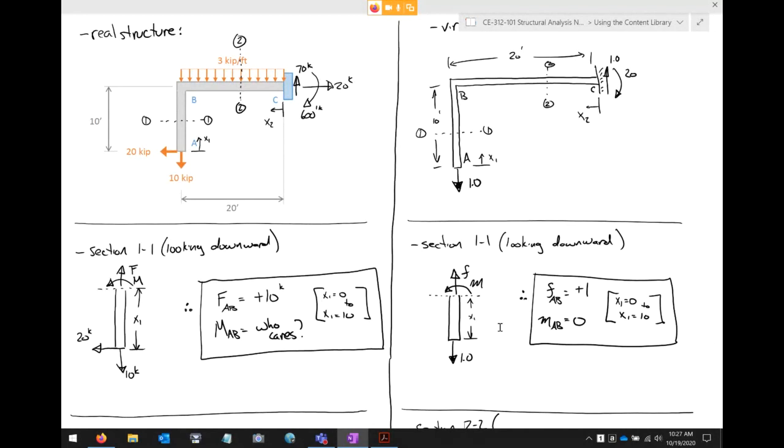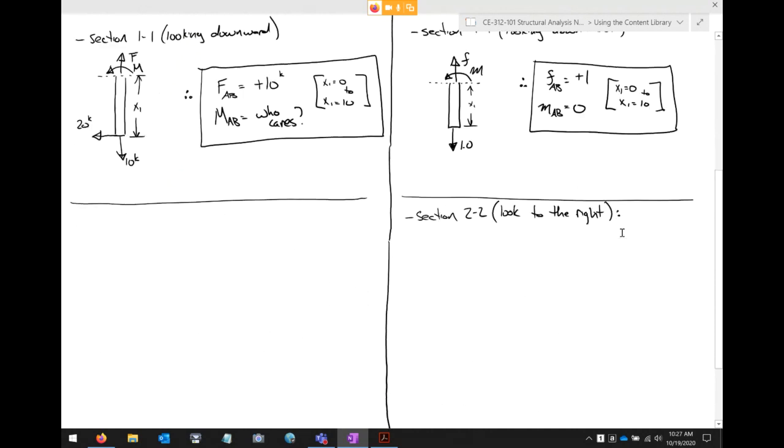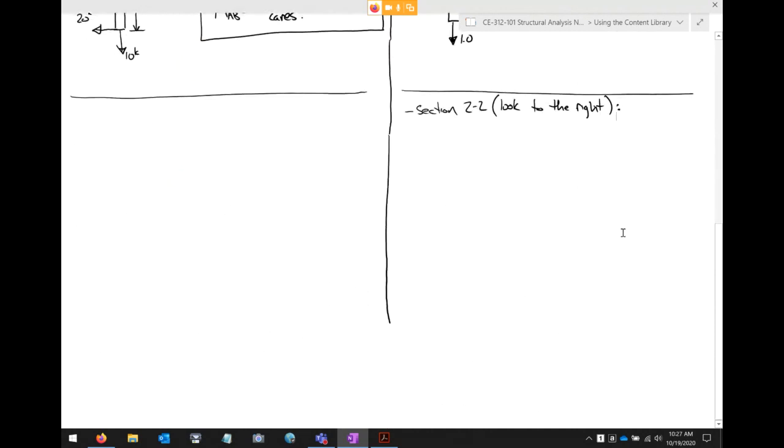Keeping in mind, my distances aren't x's, they're going to be 20 minus x's, so there's going to be a lot of arithmetic if I look to the left, so I'm going to look to the right. You're exactly right. That's 100% right. You said it probably better than I could, but seriously, you're 100% correct.